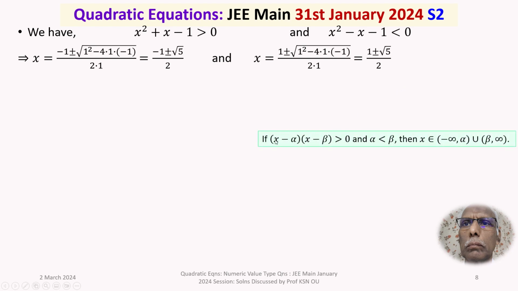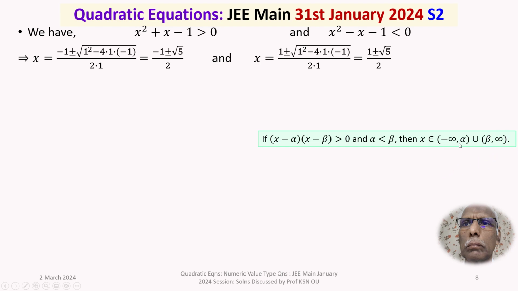Right. Now let's recall. In this case, x minus alpha into x minus beta greater than 0, where alpha less than beta. Alpha is minus 1 minus root 5 by 2. Beta is minus 1 plus root 5 by 2. Alpha less than beta. Then x belongs to the union of two open intervals, minus infinity to alpha union the open interval beta to infinity.